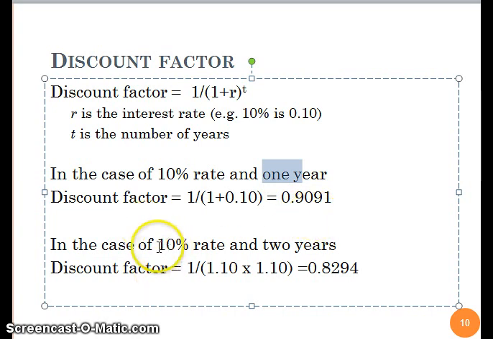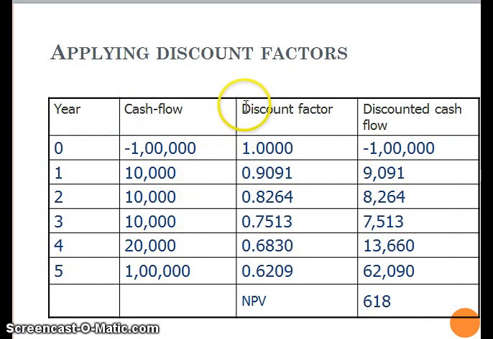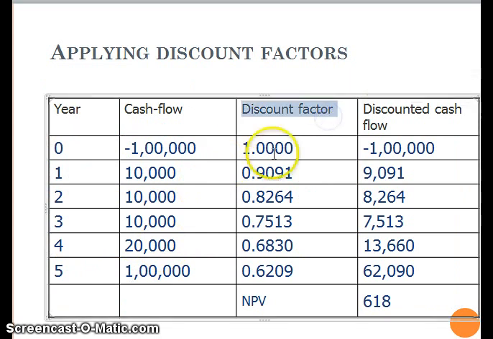If the rate is 10 percent and it is 2 years, t takes the value 2, so the discount factor will be 0.8264. This discount factor is being calculated using the formula.